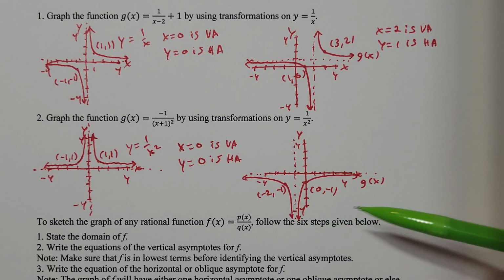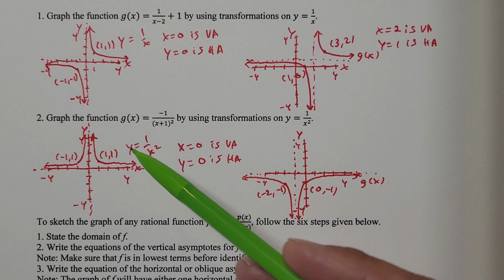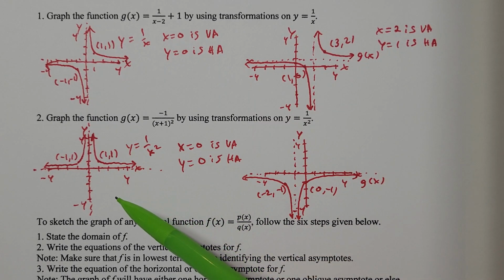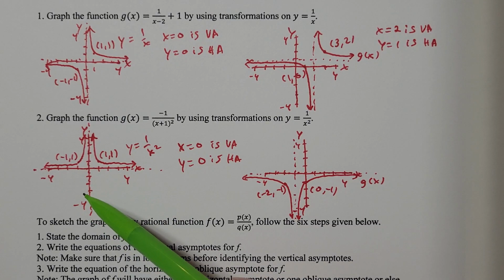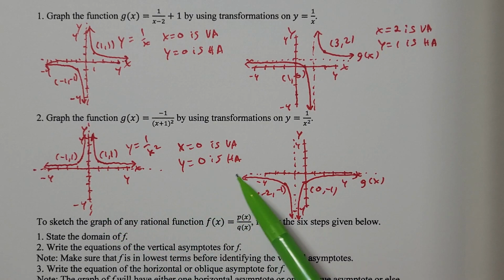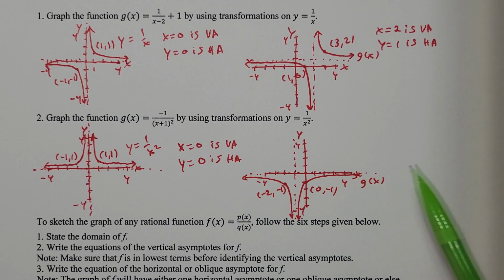Okay? And then to get the horizontal asymptote, flipping the graph about the x-axis is not going to change anything. And then also shifting it to the left 1 unit is not going to change anything. So I'm still going to have a horizontal asymptote at y equals 0 there. I draw a dotted line right on the x-axis.